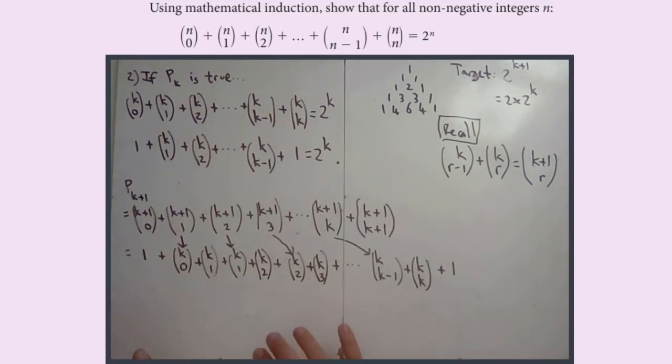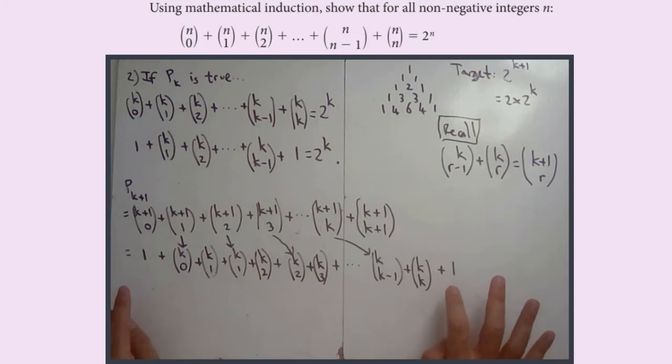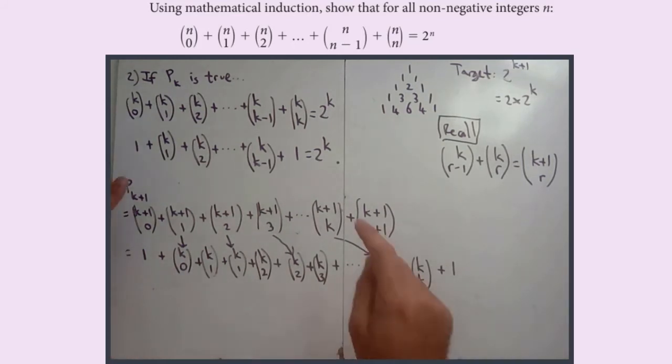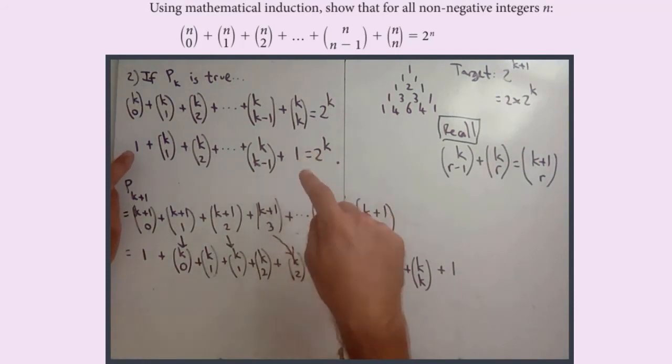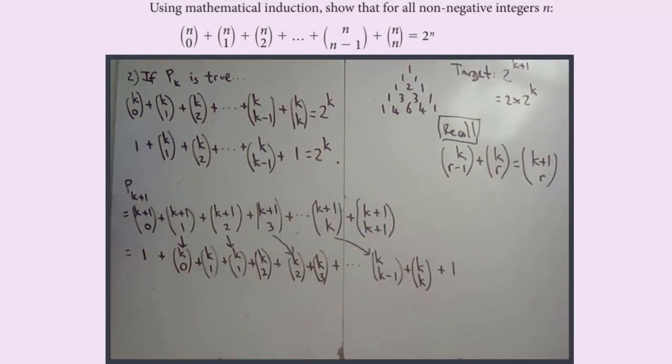If you now look at all of this, to show you that it works, I'm going to look at this one and this one on the end, and substitute them for this one and this one from the P(k) expression, because if it's just 1, it doesn't matter. So 1 has been written as (k+1)C0 here, but it's also been written as kC0 here, so I'm just going to write it as kC0 again.